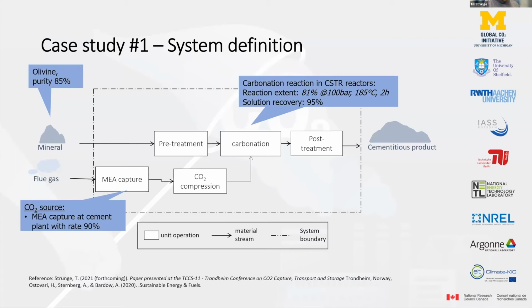It's in CSTR reactors under elevated pressure and elevated temperature. In the end, there's a post-treatment step to remove the slurry. And for the flue gas, we have, as described before, a CO2 capture plant. So we assume MEA capture here as well, and the CO2 compression. Next slide, please.